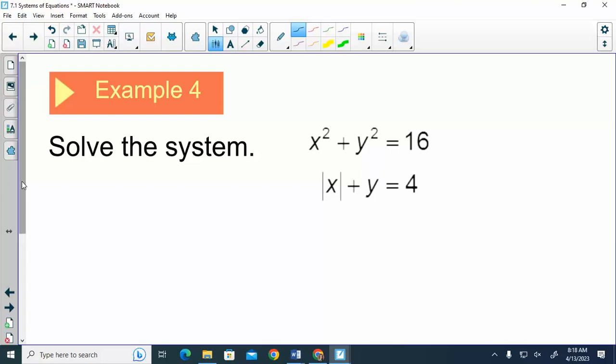Okay, let's talk about options here. We can't just eliminate on this one, can we? No. We cannot just go through and square each term. You would have to square the entire side of the equal sign, which is actually going to make it pretty ugly. So, what I would recommend is substitution.